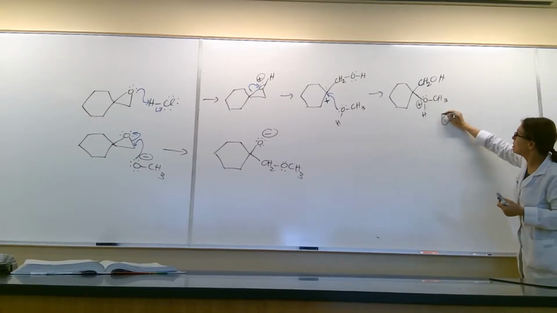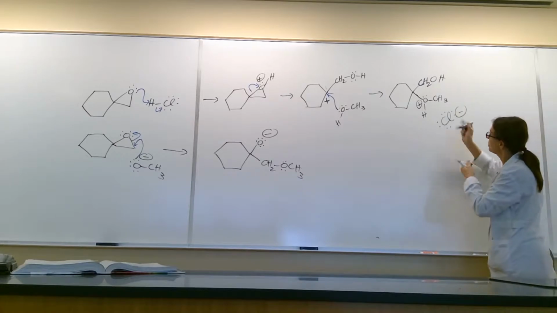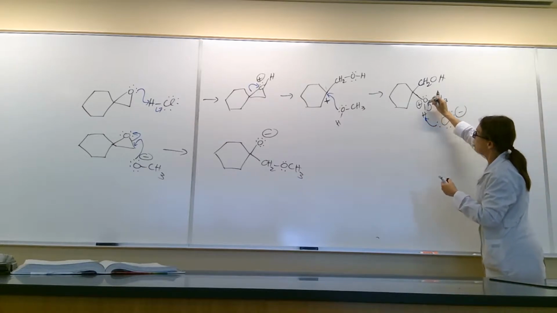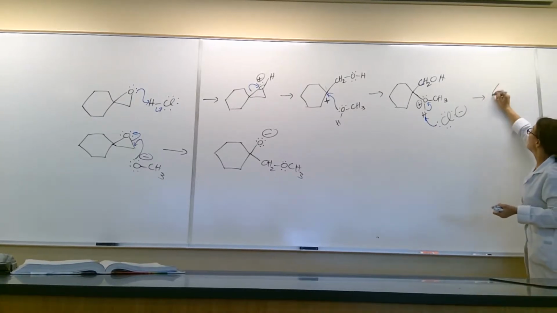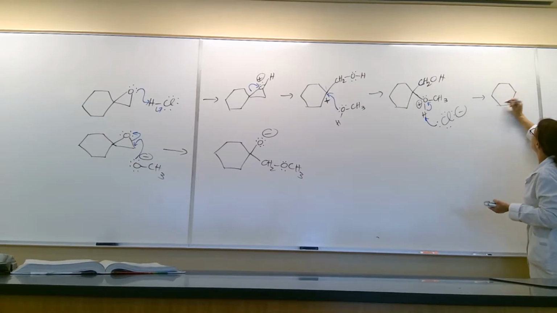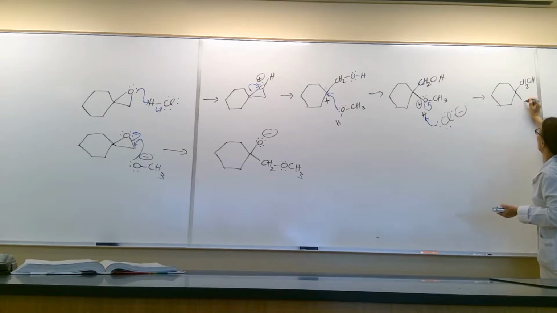Now that's when the Cl minus takes the H, because every time you see an alcohol there, remember it's the solvent. So you end up with this, and in here we're going to have OCH3, and then HCl does the work.